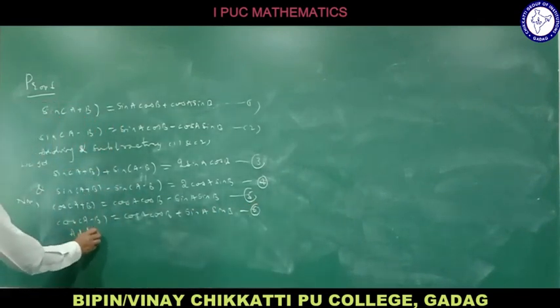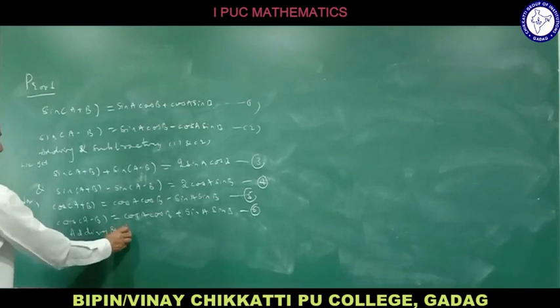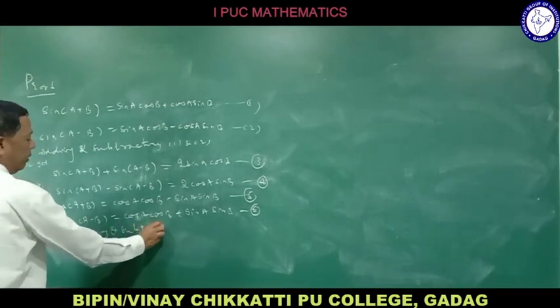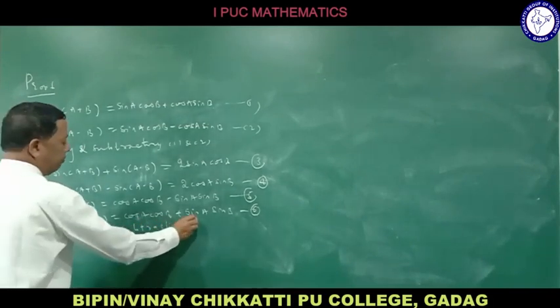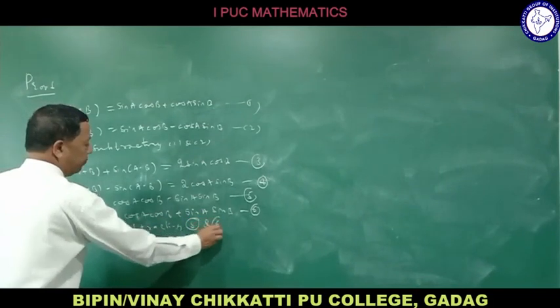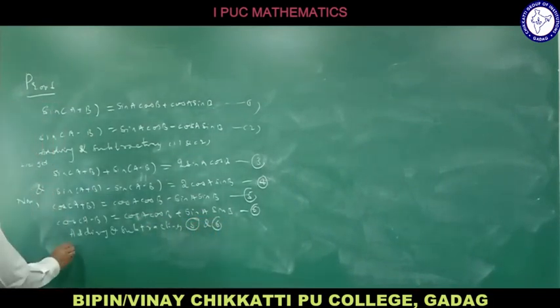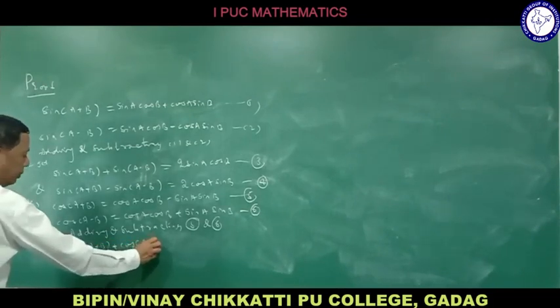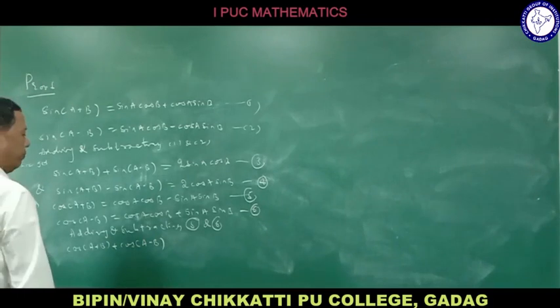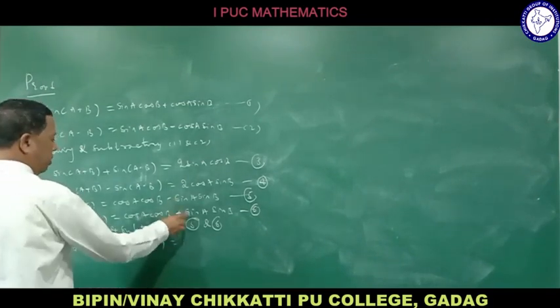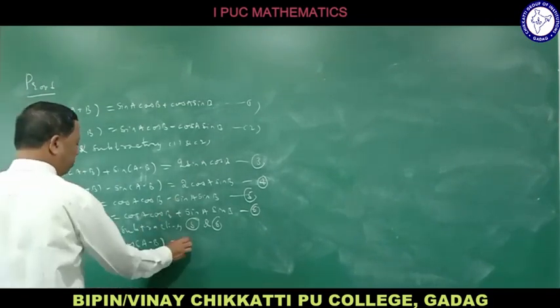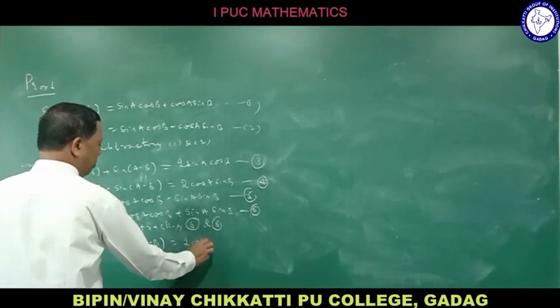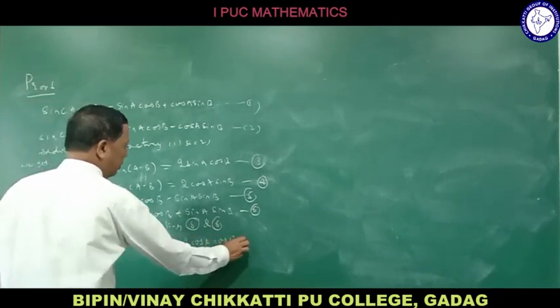Adding and subtracting, which are 5 and 6. What do we get? Cos of a plus b plus cos of a minus b is equal to, adding, these two are cancelled. So 2 cos a cos b we find, this is 7.